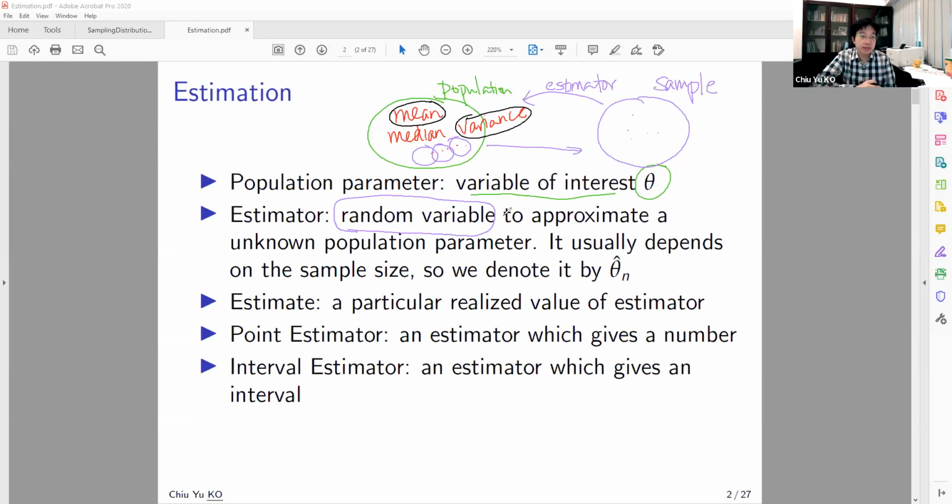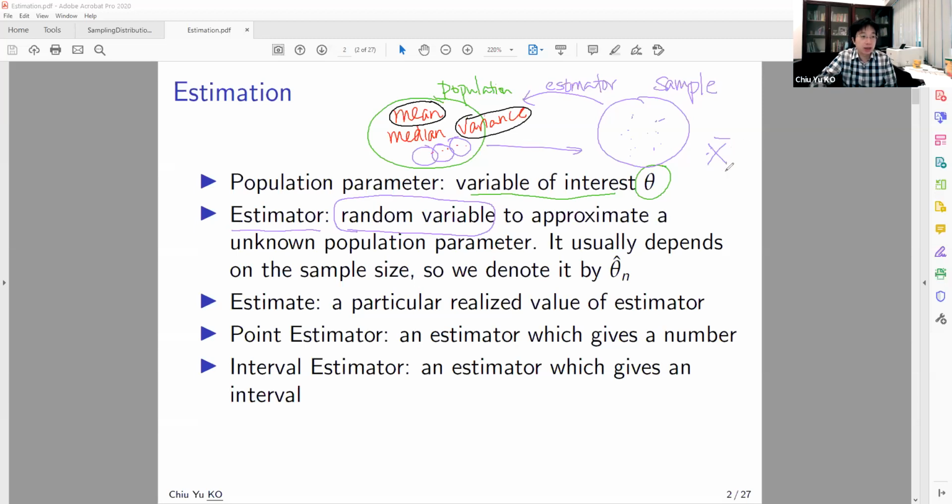That's why it's a sample. Everything is a random variable here, because you don't know what you draw, and based on the sample you try to estimate. An example of an estimator we have is the sample mean, X bar.